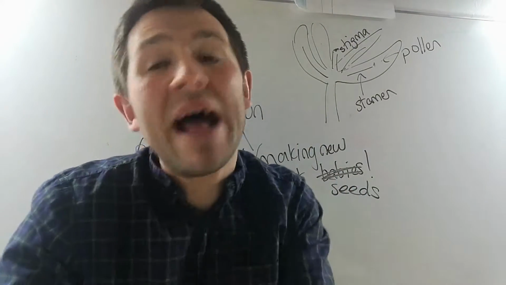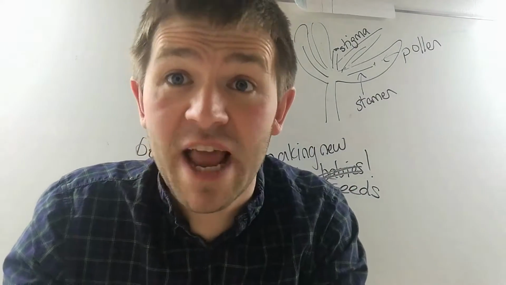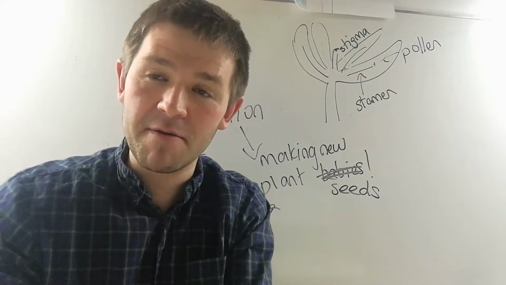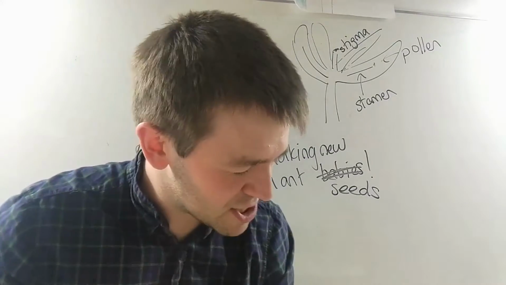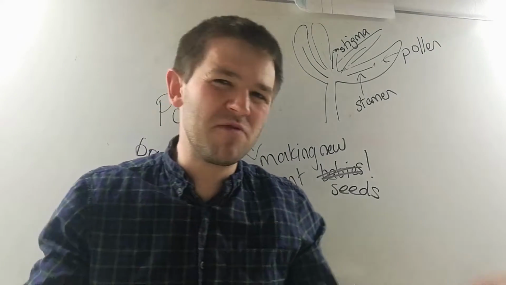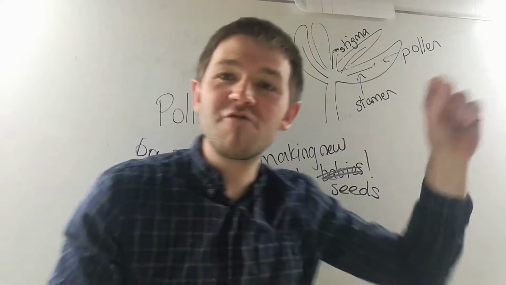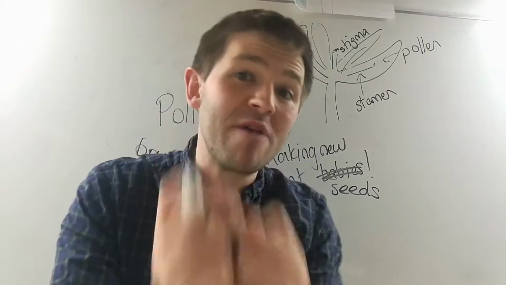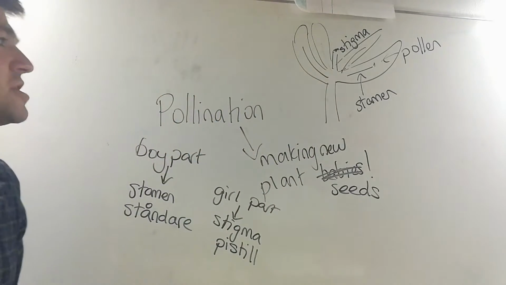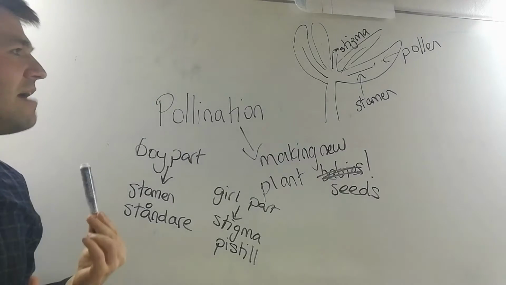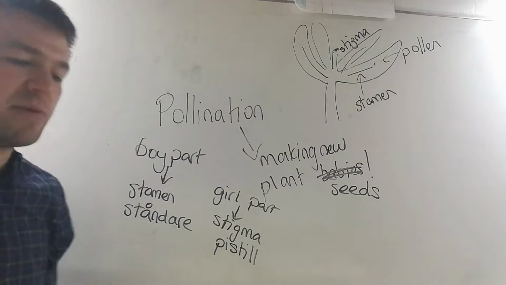But it's better, for so many different reasons we'll do later in school, for different plants to make seeds, remember it's seeds, with different plants rather than do it with yourself. Much better to get different plants to reproduce, make new seeds with other different plants. So, we have the stigma and the stamen.